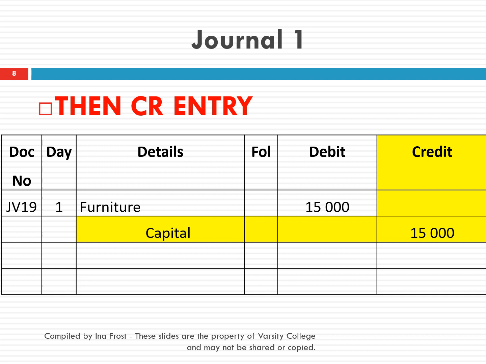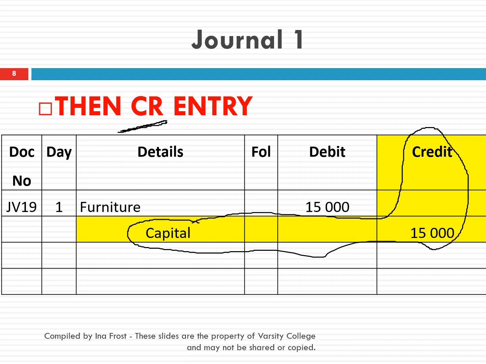Then the next thing you're going to do is you're going to write down which general ledger account are you going to credit. And because in this example it was a capital contribution from the owner, we are going to credit the capital account in our general ledger. Okay, so the credit side of this entry goes to the capital account.